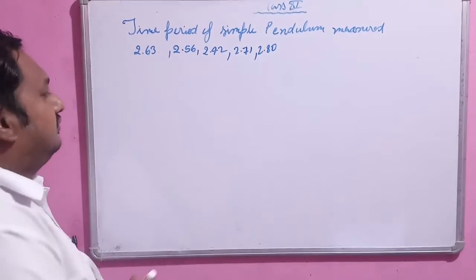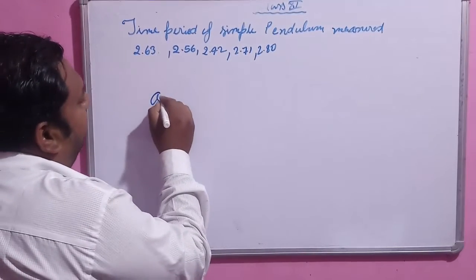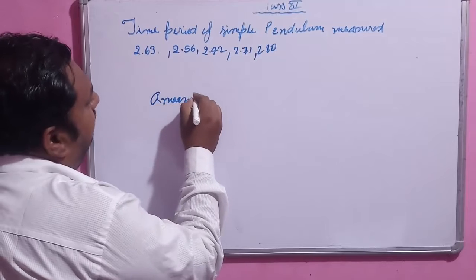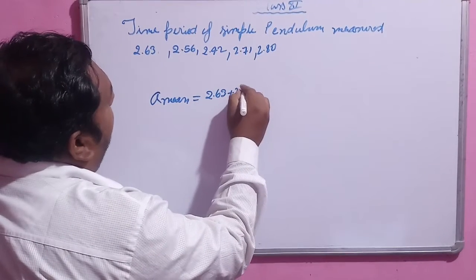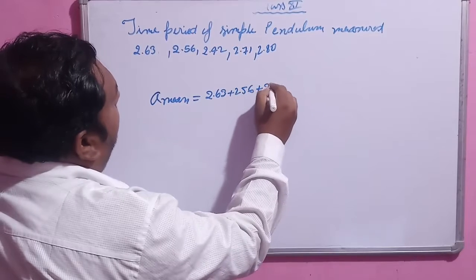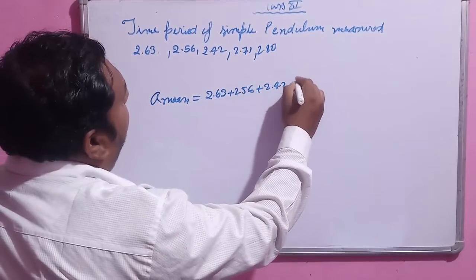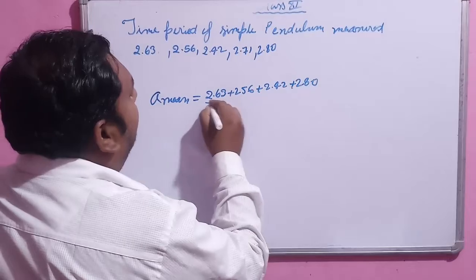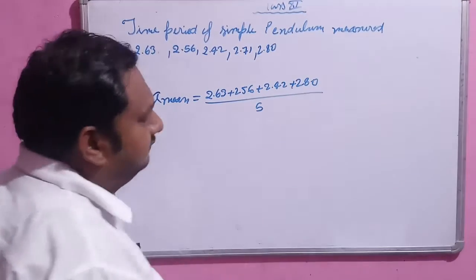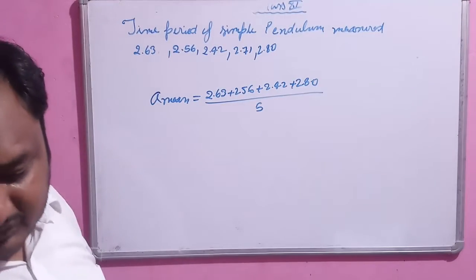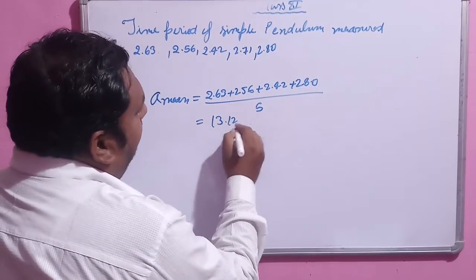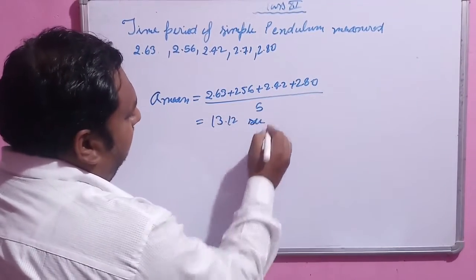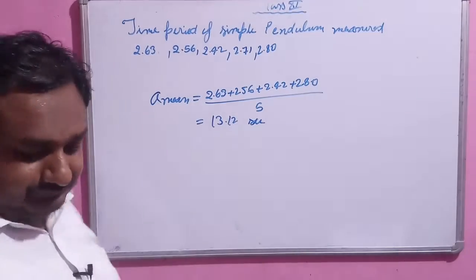So here the mean value will be equal to 2.63 plus 2.56 plus 2.42 plus 2.71 plus 2.80, divided by 5. This sum comes out to be 13.12 seconds.